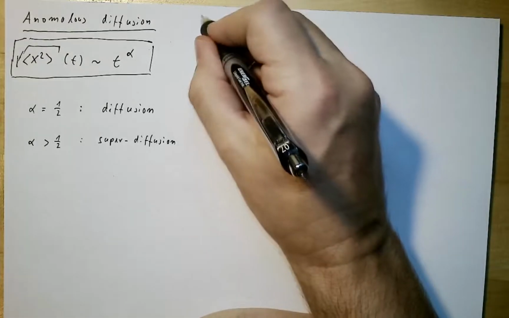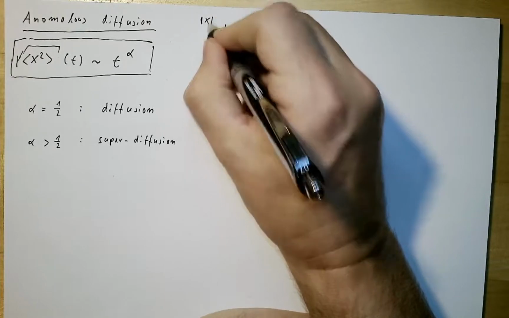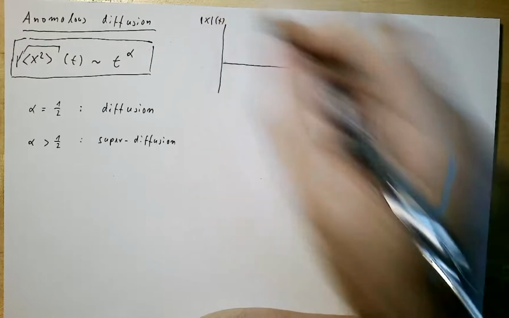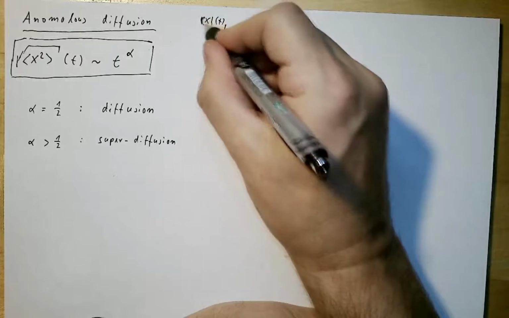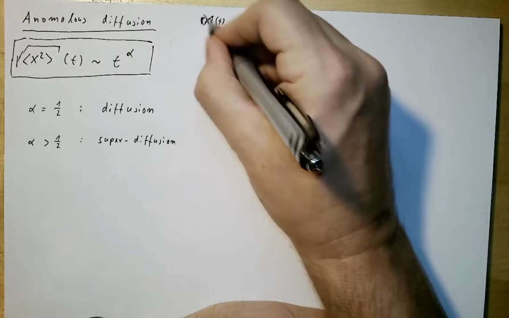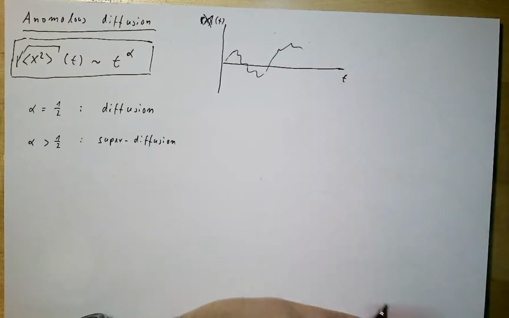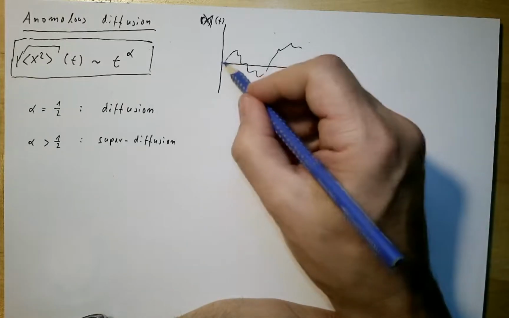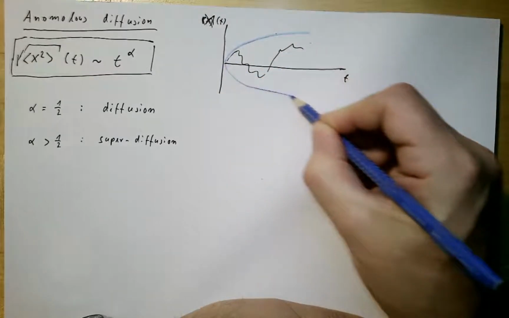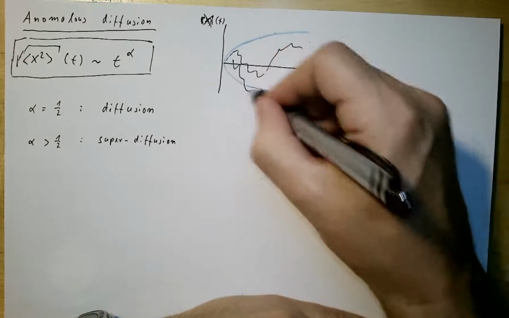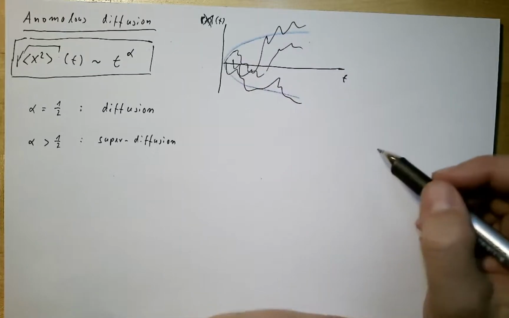So let's say this is the typical distance the walker can have as a function of time, or maybe we should have just plotted x, the position x. And we have our random walk. Diffusion means the position of the walker is basically determined by this envelope.